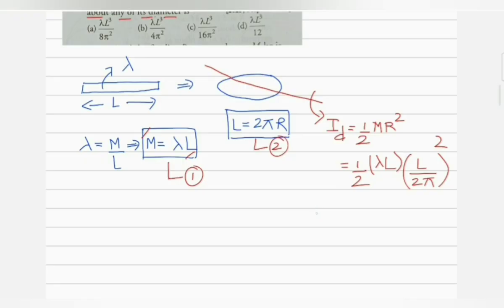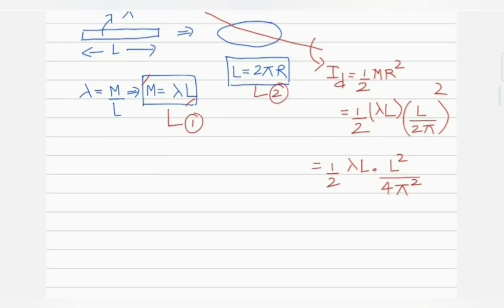Getting this? Let me simplify this, right? So this will look like half lambda L multiplied by L square divided by 4 pi square. So overall this will look like, students, lambda times L cube divided by 2 into 4, which will give you 8 pi square.